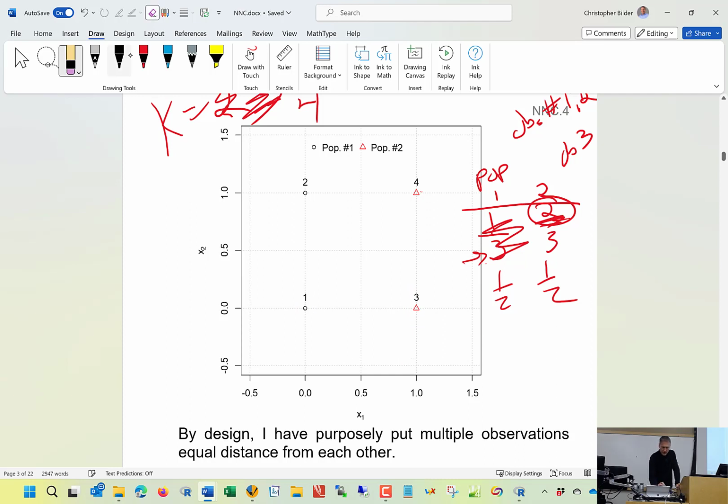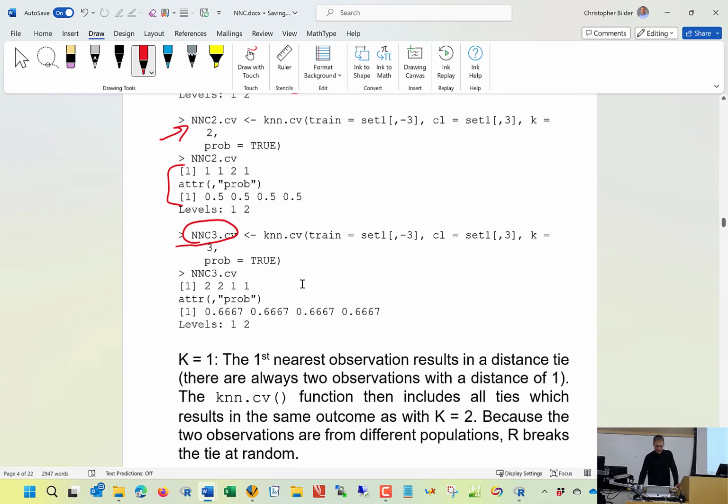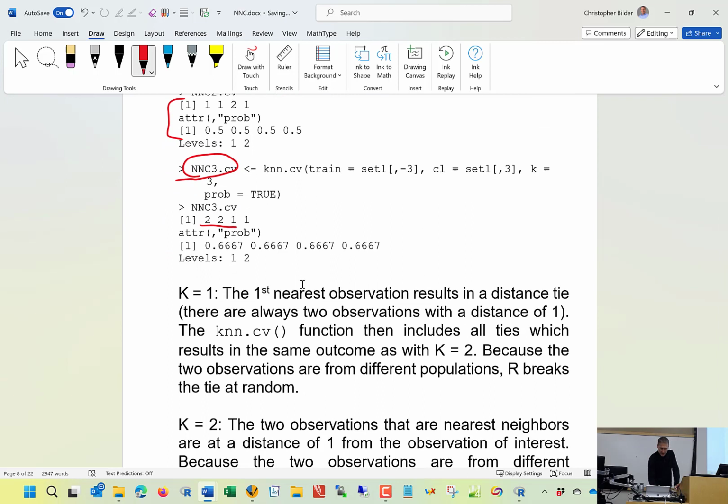Notice for observation 1, here are my 3 nearest neighbors, the remaining part of the data set. And there are always going to be 2 observations from the other group. So, in other words, everything will always be misclassified for this particular case, because of how I constructed the data set. And here you can see that.